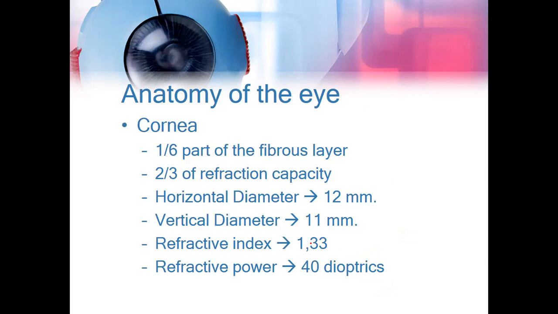So we're going to get started with the external or fibrous layer, which we already said has two main components, which are the cornea and the sclera, okay? This external or fibrous layer of the eye is constituted by the cornea and the sclera, and it creates a continuous layer which forms a structure that wraps the whole eye, okay?